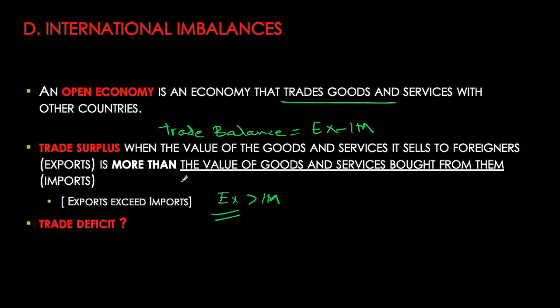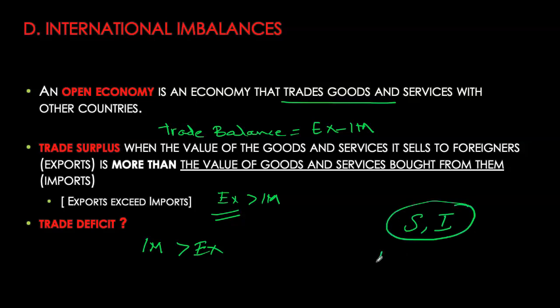What would happen if you have a trade deficit? A trade deficit is simply when the opposite happens, when your imports exceed your exports, or the value of goods and services purchased from foreigners exceeds the value of goods and services that you have sold to foreigners. We'll see in chapter 10 that your trade balance is closely tied to our saving and investment decisions in the aggregate.